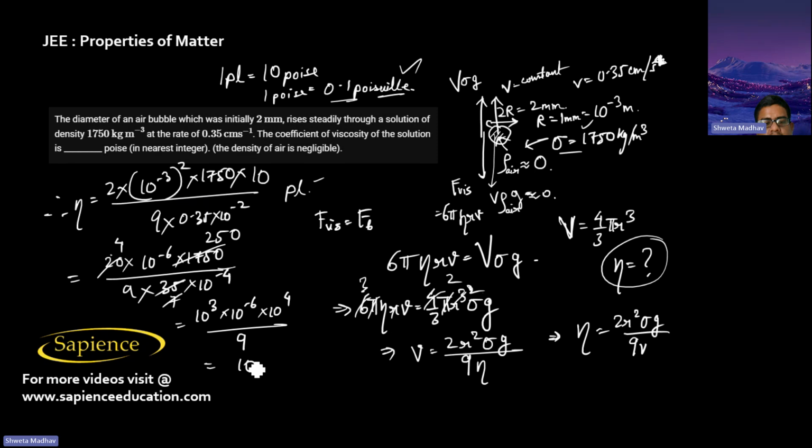This will be 10 power 7 minus 6, that is 10 by 9 pascal second, which is approximately 1 by 9 poise.